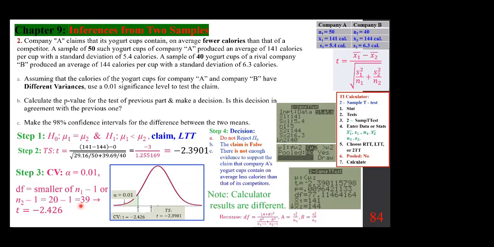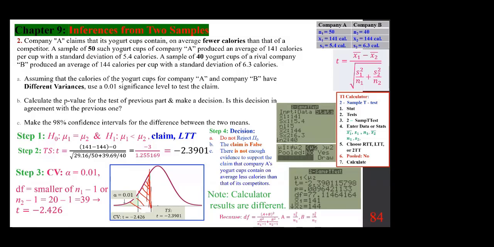It so happened the numbers are so different here that we really get a different result, because 77.11 results in the p-value. The p-value is to the left of the test statistic, which is the red area, which is larger than the green area. The p-value is larger than alpha 0.01, and you don't reject H0.